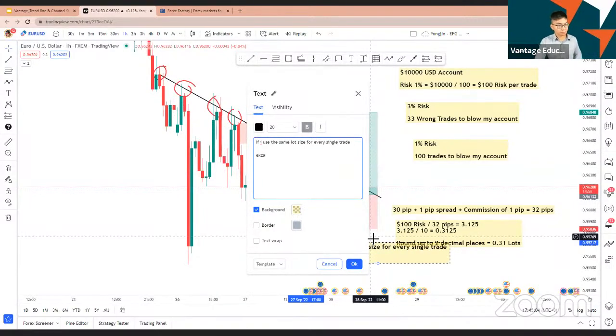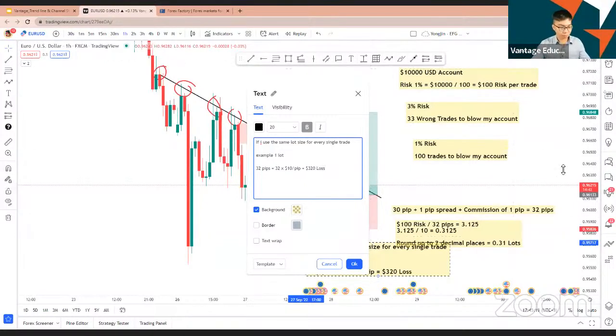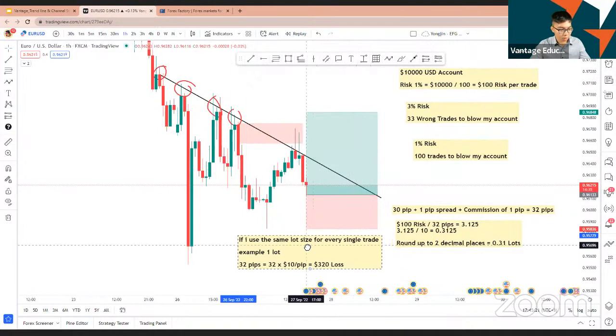Example: one lot, 32 pips equals 32 times $10 per pip, which equals a $320 loss. Take a look.